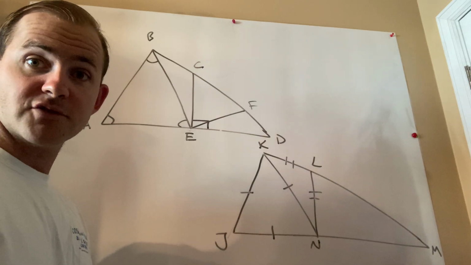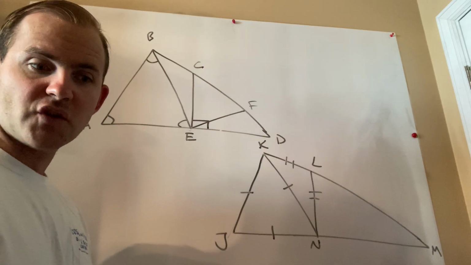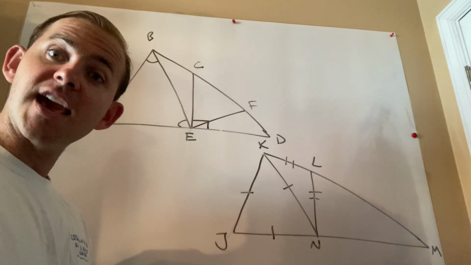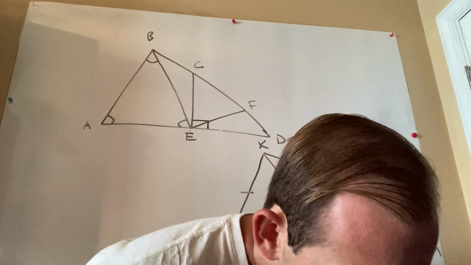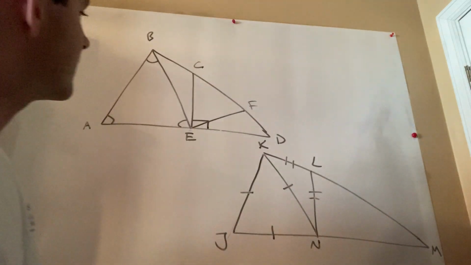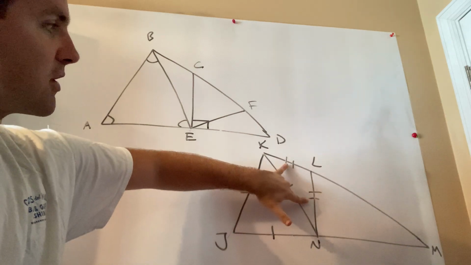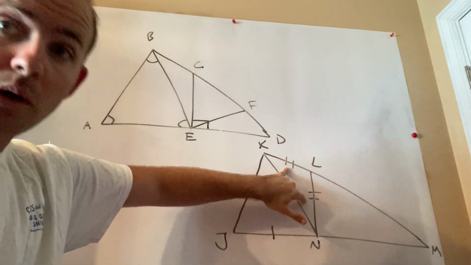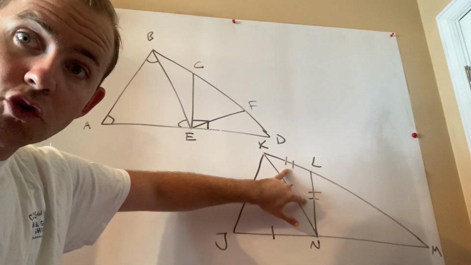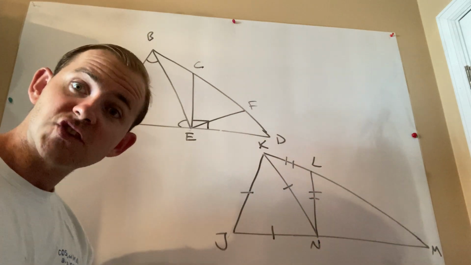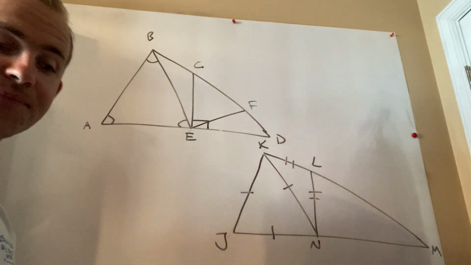No, for that huge triangle, none of the sides are the same, so I would classify it as scalene. For triangle KLN, let's take a look at that one. Do you notice these tick marks right here, how they're the same? What that means is that those 2 sides are congruent, and thus I have an isosceles triangle.